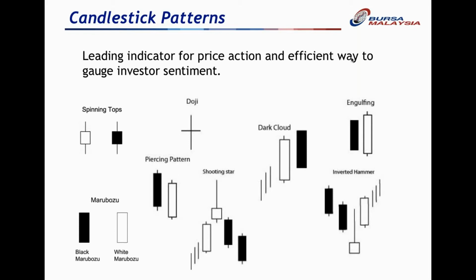A leading indicator forecasts where the price will go subsequently. So a leading indicator tends to have more mistakes than a lagging indicator. But one good thing about a leading indicator is it helps you forecast price better, because a lagging indicator might be too slow and you may lose the opportunity to react to the price.